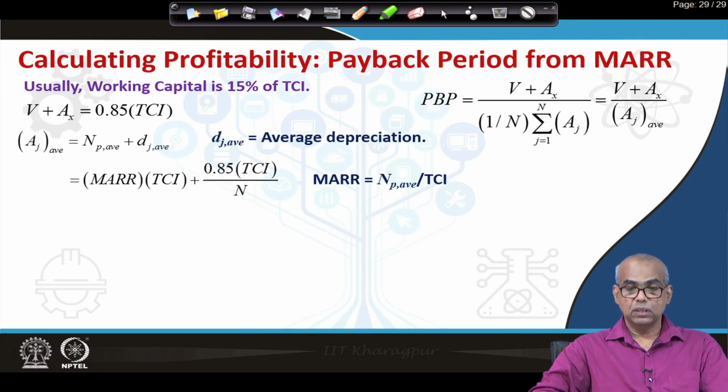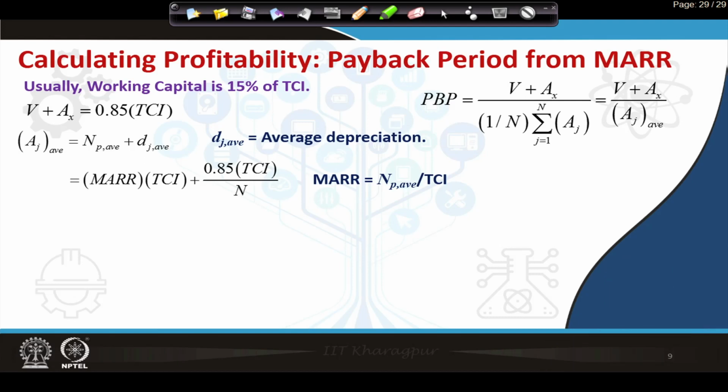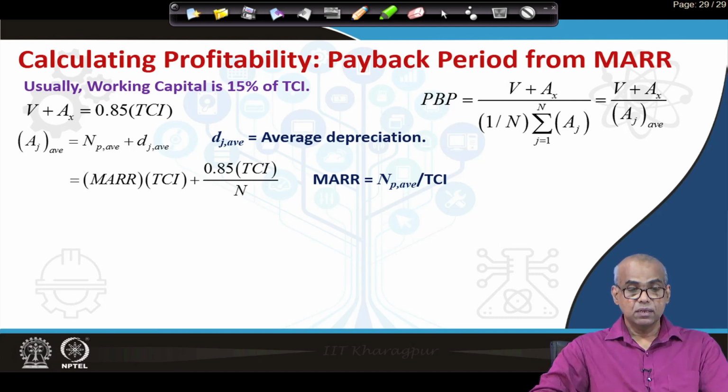Now, average annual cash flow will be the sum of average annual profit plus average annual depreciation. Now, the depreciation amount is the fixed capital investment, which is 0.85 into TCI.